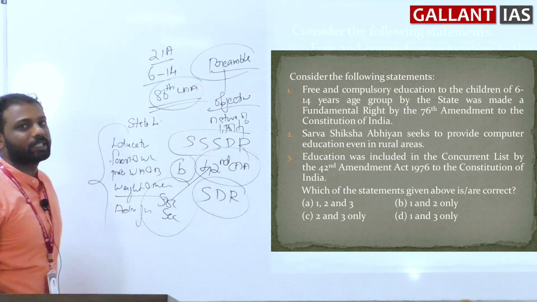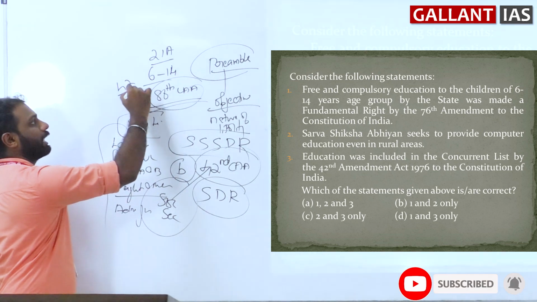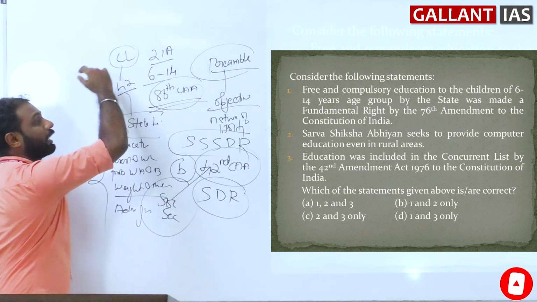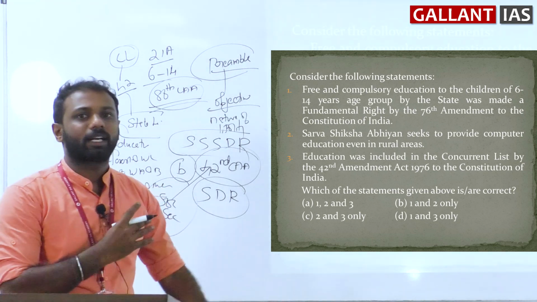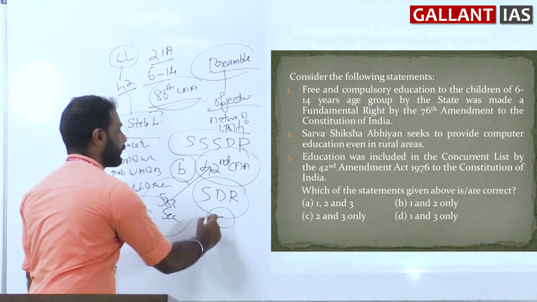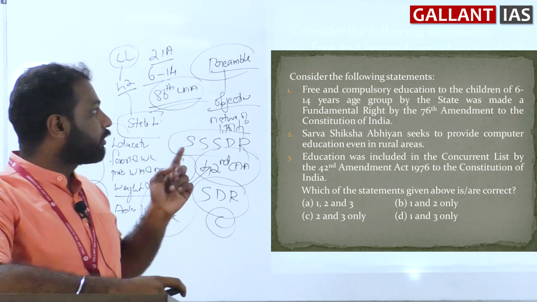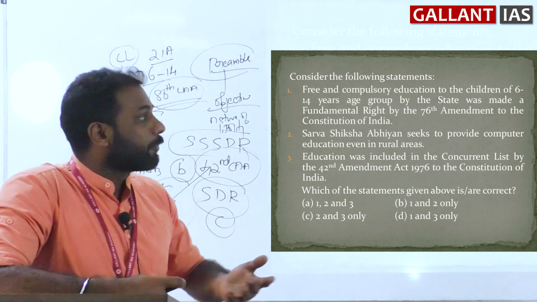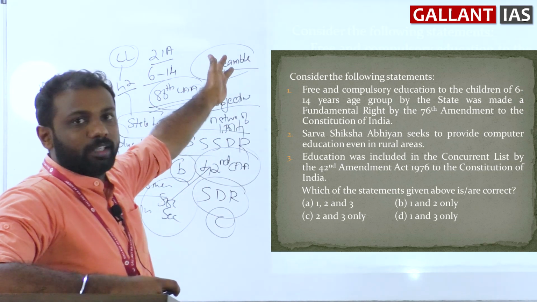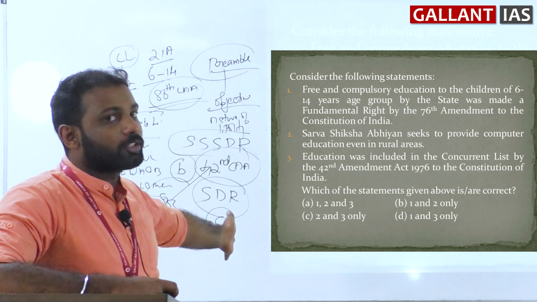Five subjects were under the state list earlier, and through the 42nd Amendment Act, these were transferred to the concurrent list. So that is also a correct statement. The answer is option 2 and 3, that is C. If you know that the right to education was added by the 86th Amendment Act, you can easily eliminate option 1, then eliminate A, B and D to directly reach the answer, 2 and 3 only.